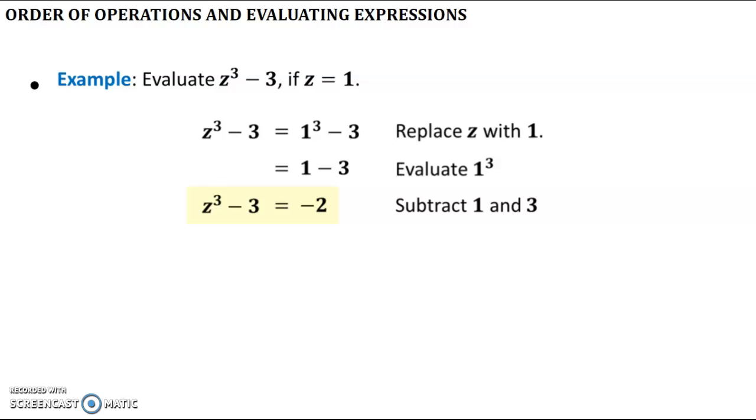What you're going to do is put the number 1 in for z. So it would really be written as 1 cubed minus 3. So 1 cubed is 1, minus 3 is negative 2. So z cubed minus 3 equals negative 2.